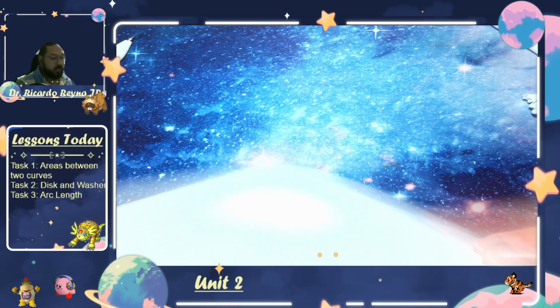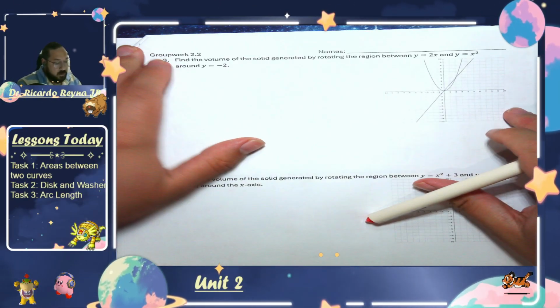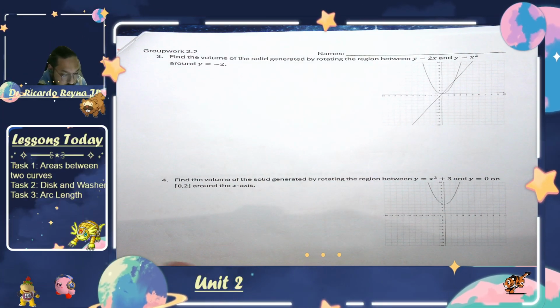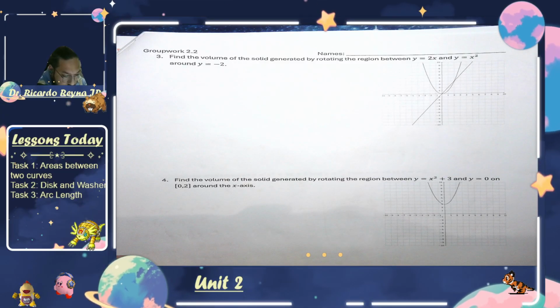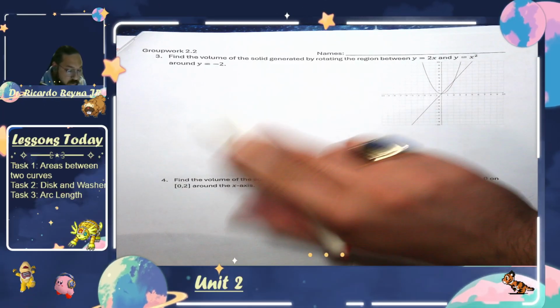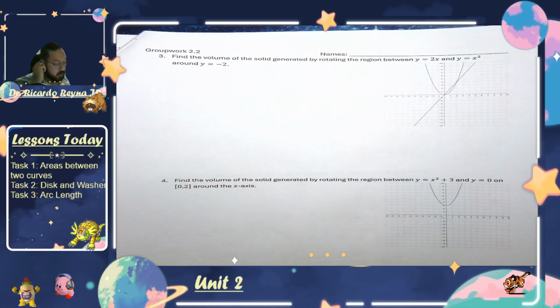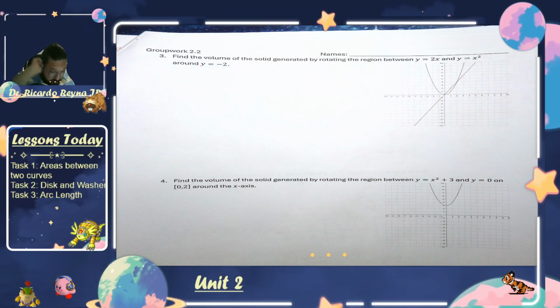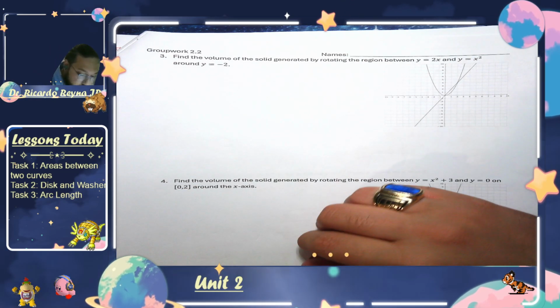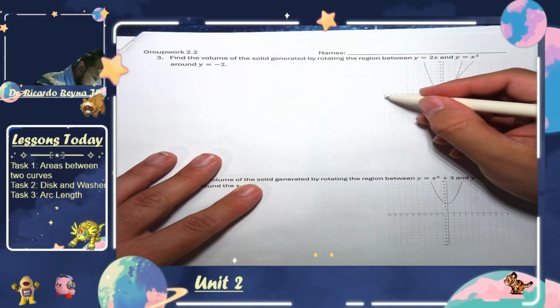We got one more example here. Find the solid generated by rotating the region between y is equal to 2x and y is equal to x squared around y is equal to negative 2. Okay. So for this, we have y is equal to negative 2.